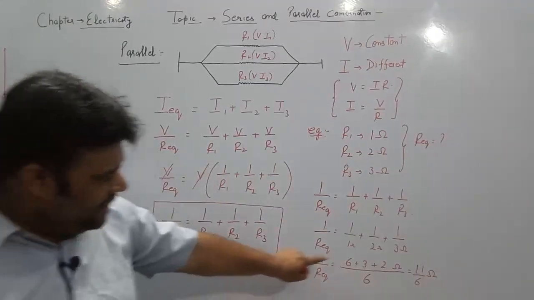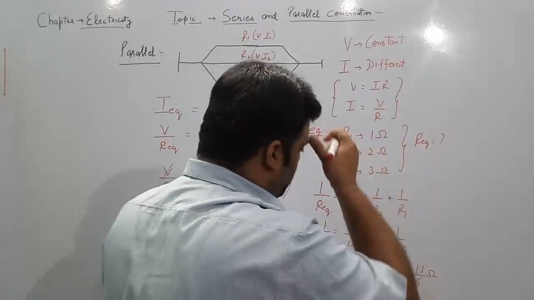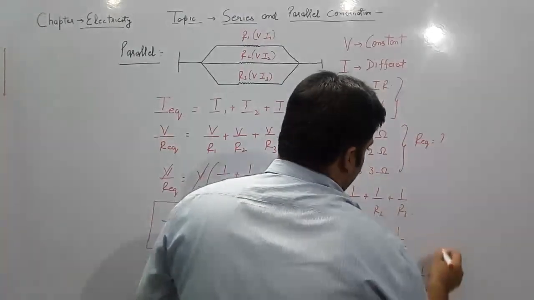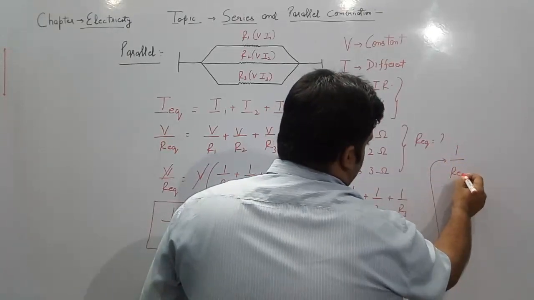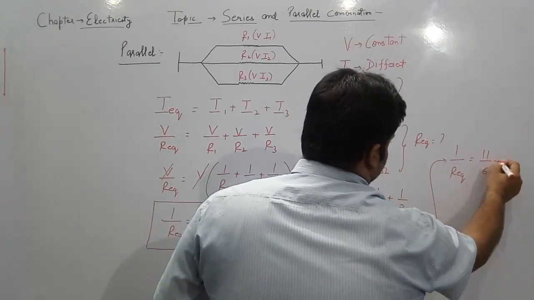This is the value for 1 upon R equivalent. That is 1 upon R equivalent is equal to 11 upon 6 ohm.